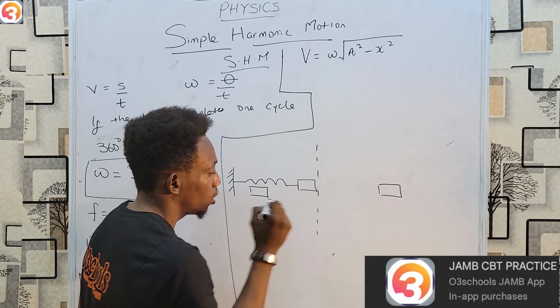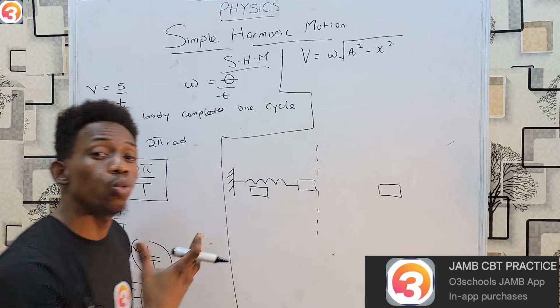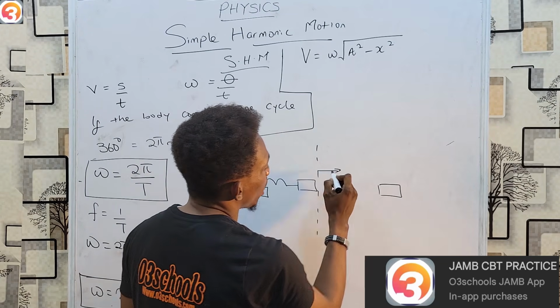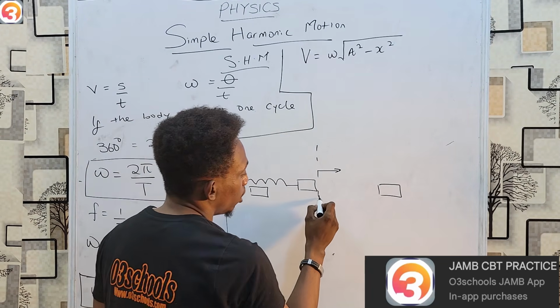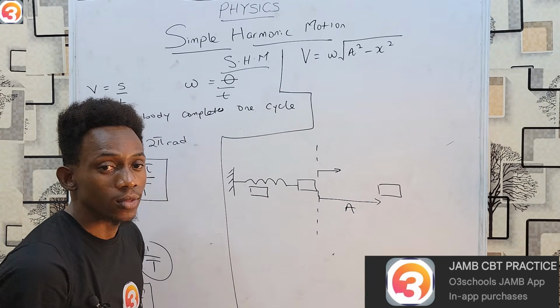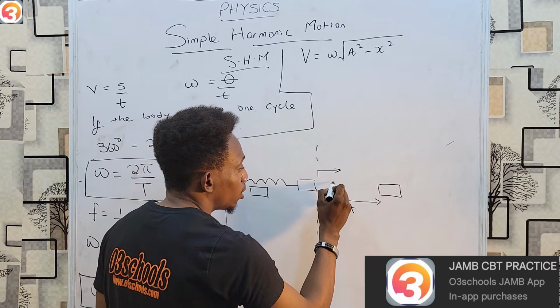So here. Now, how do we measure x? First of all, please note we measure outwards from the equilibrium position. From here, we measure outwards. That means from here to here is my amplitude. Well, what if it has not got to the amplitude yet? What if it is somewhere here?